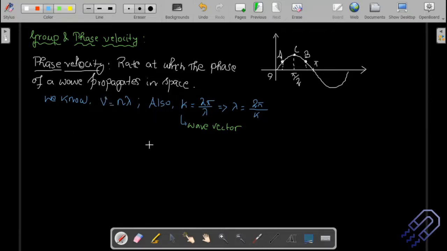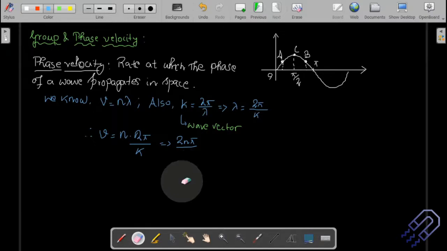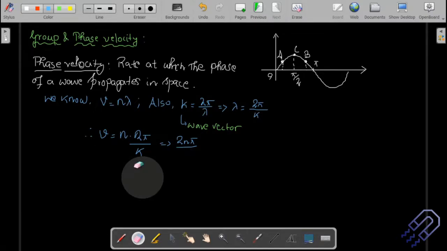Therefore v is equal to n into lambda, which is nothing but 2 pi divided by k. That means it is 2n pi divided by k, right? So this is 2n pi divided by k.